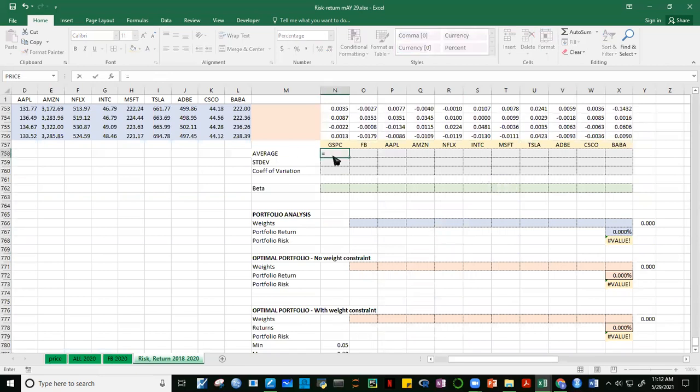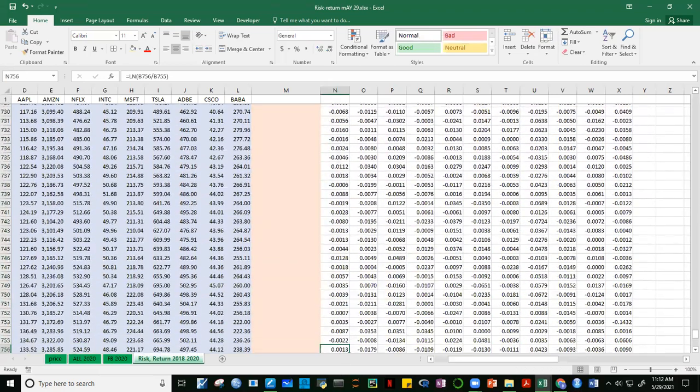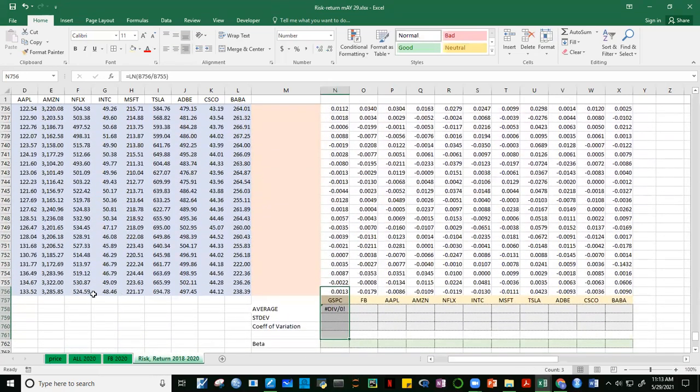So is equal to average, no? Average nino. Actually average ng returns, ano? Kaso mahaba pa siya. So what we can do is average, pwede ba nito? Average ni GSPC. Okay? Hindi siya pa pwede kasi hindi naman na-recognize to eh. Alam natin na si GSPC, guys, it represents yung mga stock returns na yan, no?